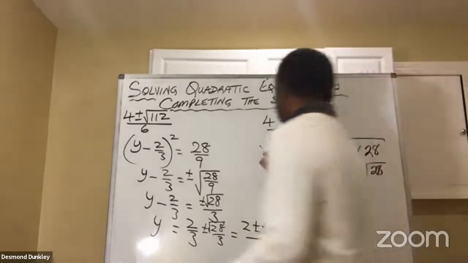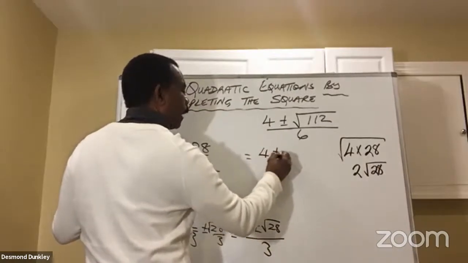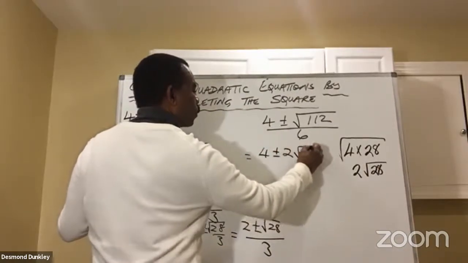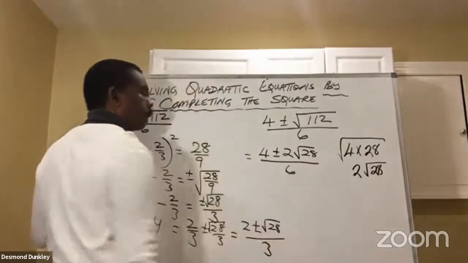This is equal to 4 plus or minus 2 root 28 over 6.